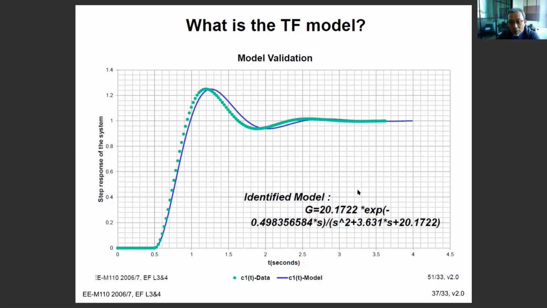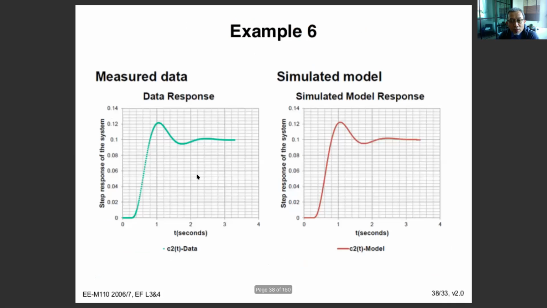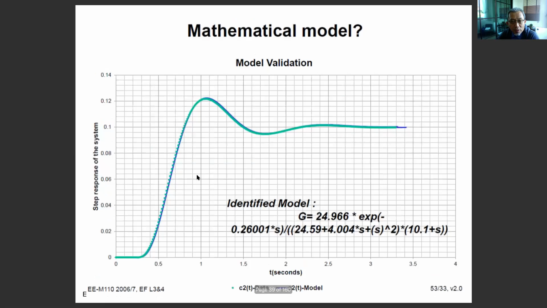And this is the mathematical model: 20.17 times e to the power of the time delay, which is 0.5 second, over s squared plus 3.631 s plus 20.17. But this is not a good prediction. And then try the other data from other students. You can see that the blue line can fit the green line very well.